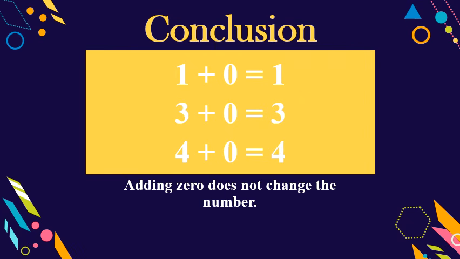Conclusion. Dear students, from above examples, we can see 1 plus 0 equals 1, 3 plus 0 equals 3, 4 plus 0 equals 4. So we can conclude adding 0 doesn't change the number.